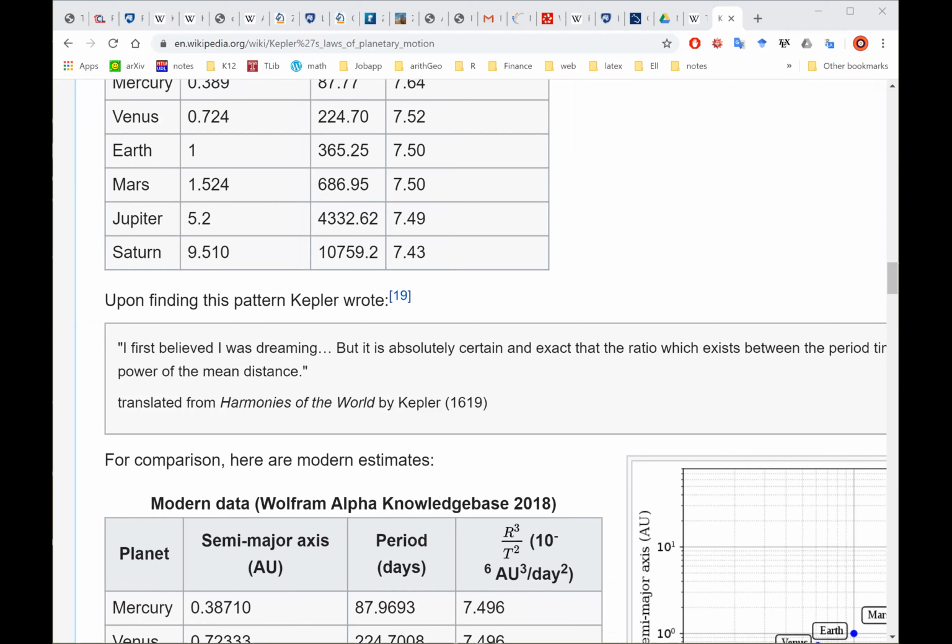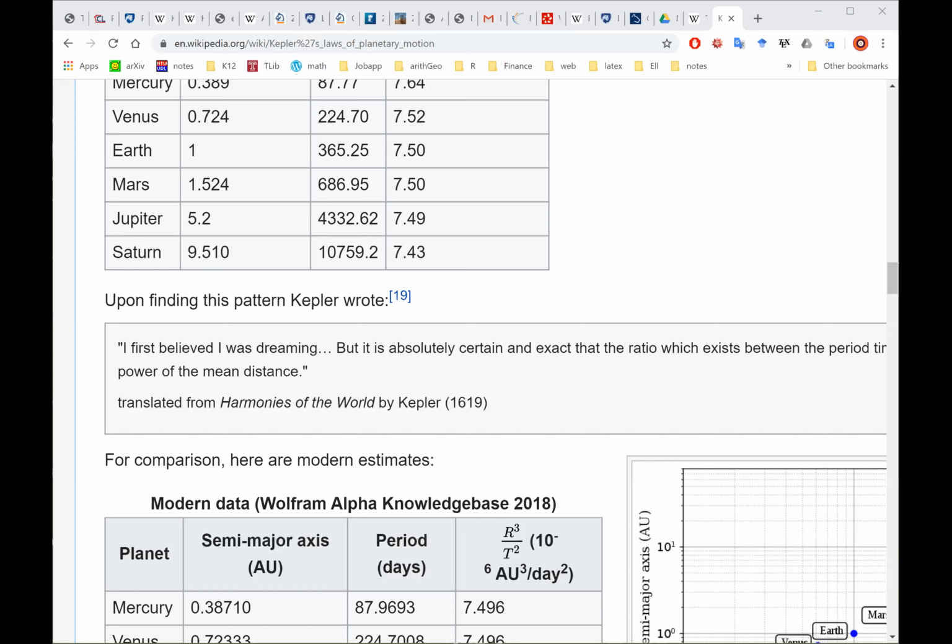Now let me mention a little bit about the discovery of Kepler's laws. It actually took Kepler a long time to get these laws from the data.